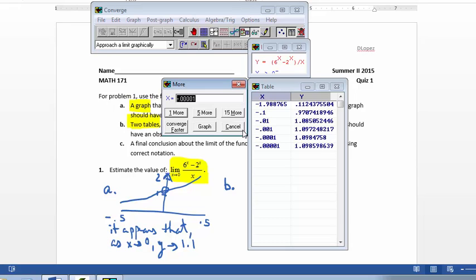So you can see there that if I just copy that table from negative 0.1 on down to the bottom, that's a good table.